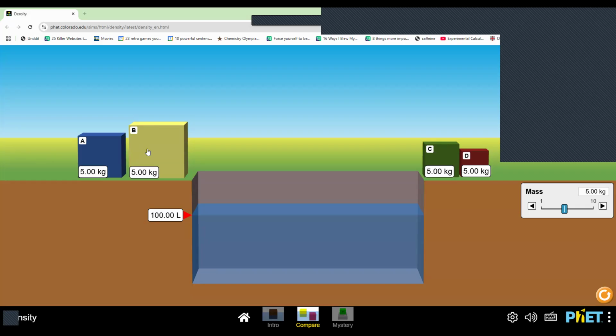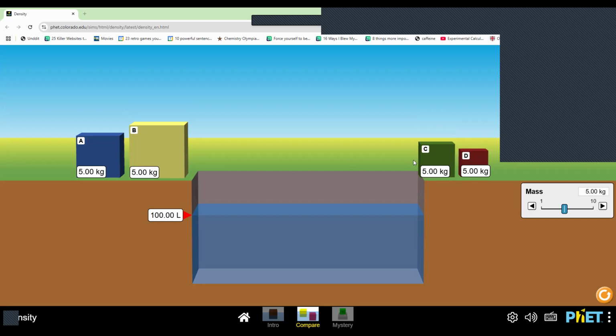They look a little bit different because I think everyone would agree that object A is larger than object B. B is larger than C and larger than D. Would anyone care to guess which one is the most dense using the letters on those different boxes? A, B, C, or D. Which one is the most dense? You got to vote for D? Yeah, okay. So let's go ahead and see.